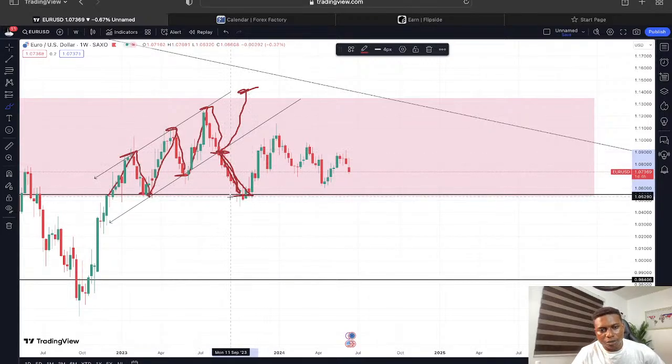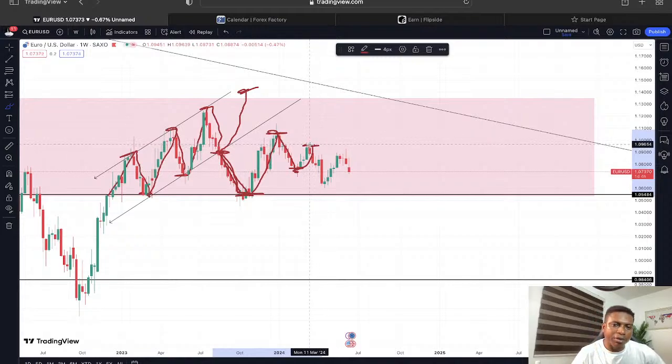Price came down to the previous support zone here before bouncing up to create a new high at this level. Then price went down again to create a low. Then price went up and created another high, but this time this high is lower than the previous high it had created here.